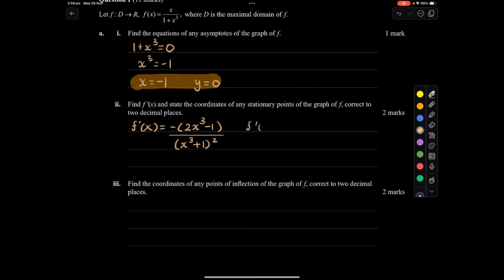And f dash of x equals 0 for stationary points, hence what is our coordinate? Well, going down here, we get to 2 decimal places, 0.79 and 0.53. And that'll be it. Yeah, those are two decimal places. Nice and easy.